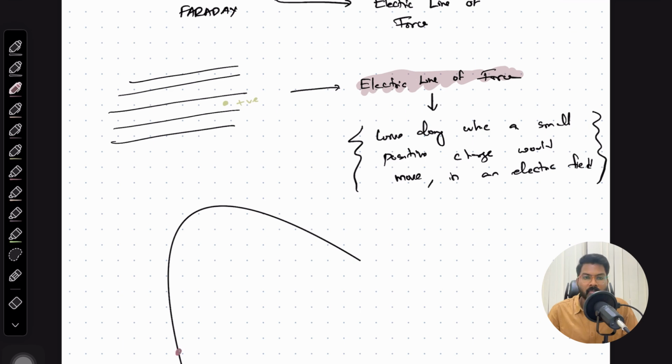This is point P, say point Q, and this is point R. The tangents to this curve at these points represent the direction of the electric field.